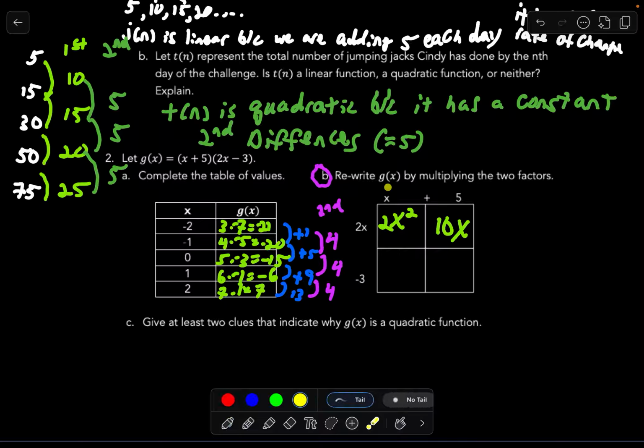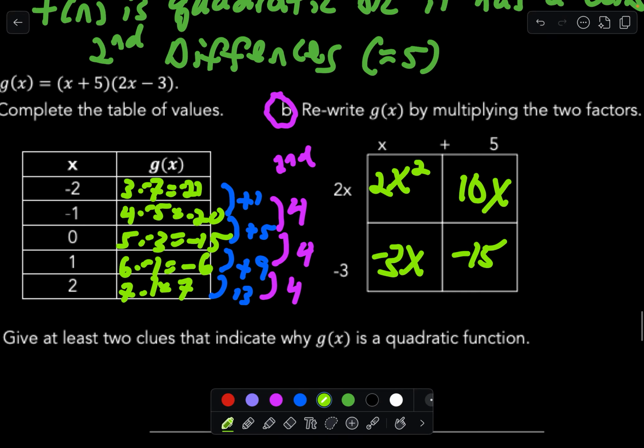And we just complete this box. x times negative 3 is negative 3x. And lastly, negative 3 times 5 gives you negative 15. What we're basically doing is distributing x plus 5 twice. Or we distribute x against everything on the back end, so x times 2x, x times negative 3. And then 5 times 2x, 5 times negative 3.